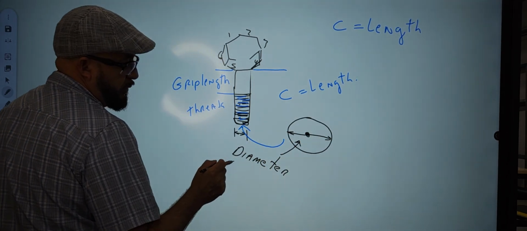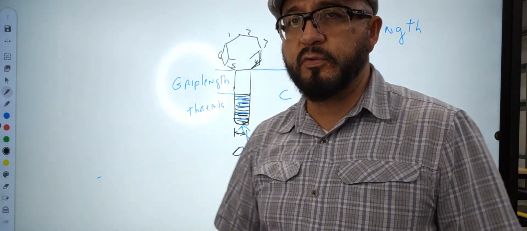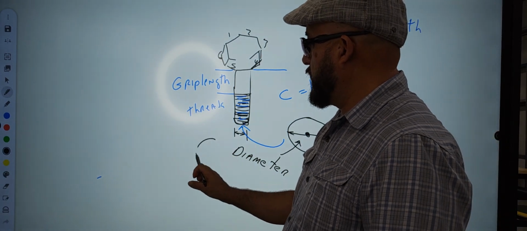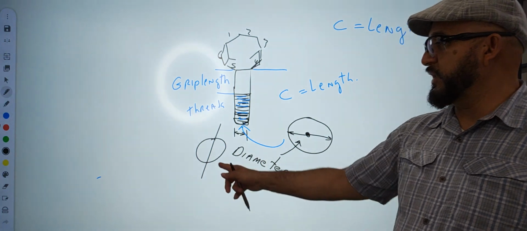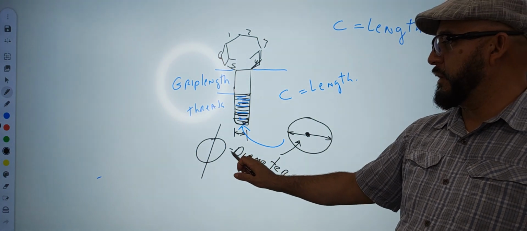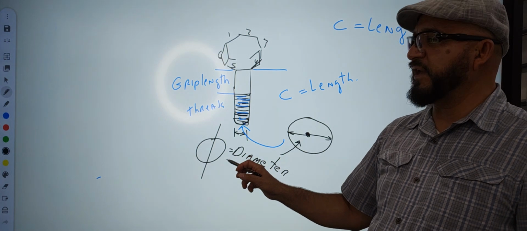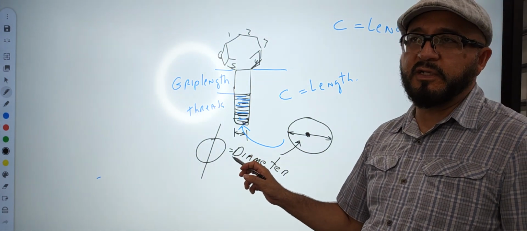Now, when you see this in blueprints, they don't write the word diameter. Diameter is a long word to write down, so instead they put a symbol, which is like that. When you see that, that means diameter. Don't get confused with zero or phi, which is another Greek letter.